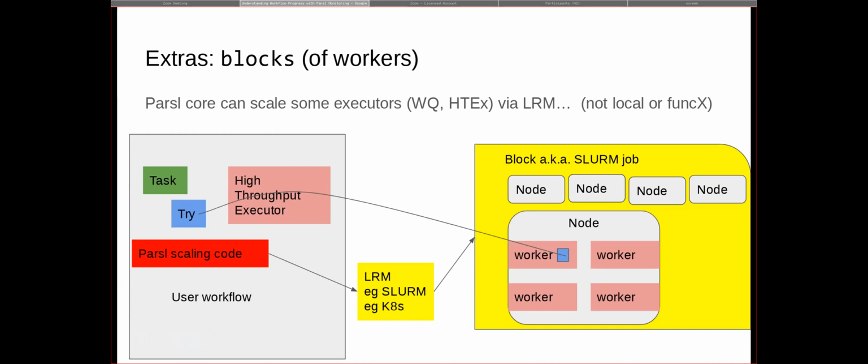In Kubernetes, we use pods, I think, I'm not sure, but whatever your resource manager calls a job or a pod or whatever, this bit of Parsl calls a block. And inside a block, there are some nodes, and nodes, like a cluster node, for example, run workers. And so this bit of Parsl can start up worker nodes so that this bit of Parsl that is trying to do a try can run on the worker.